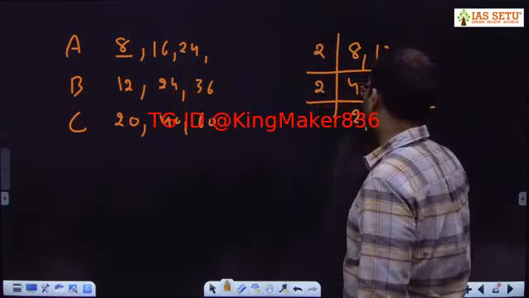So we have to read the question carefully. It is asked when they will next change together, or they could ask how many times in 60 minutes. Here the question is: the lights are switched on at 10 a.m. At what time will they change simultaneously?